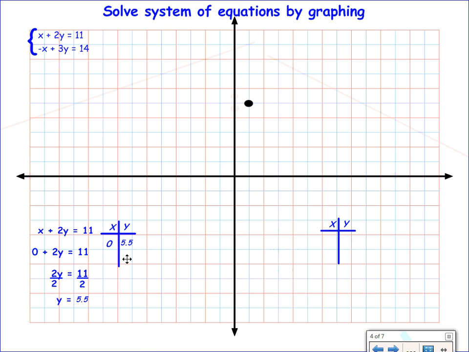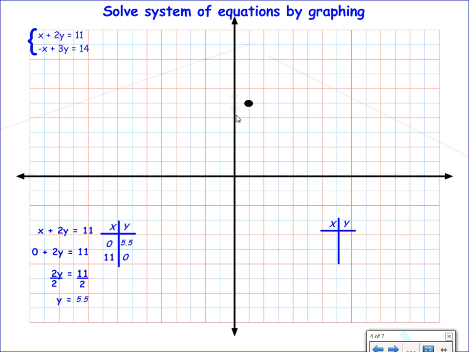And now when y equals 0, that's a pretty easy situation because this term disappears and I have x equal to 11. I want to graph that. I must first remember that when x is 0, I don't go left or right on the x-axis. I go up 5.5. Why am I going up? On the y-axis, up is positive.